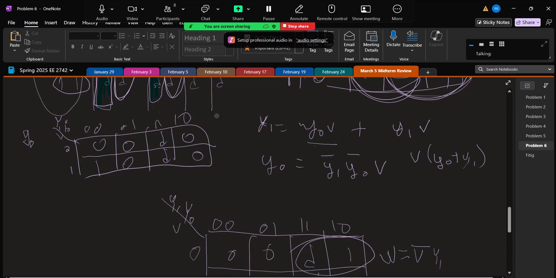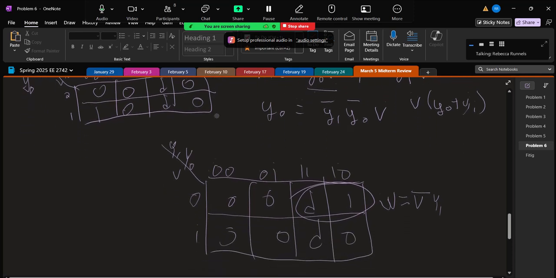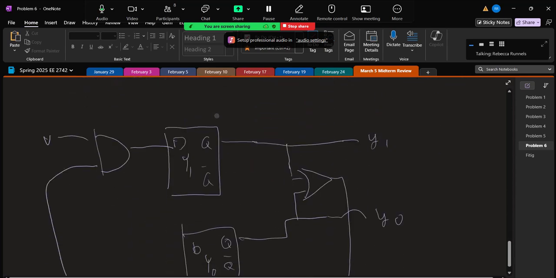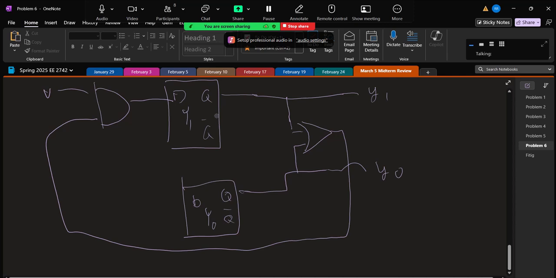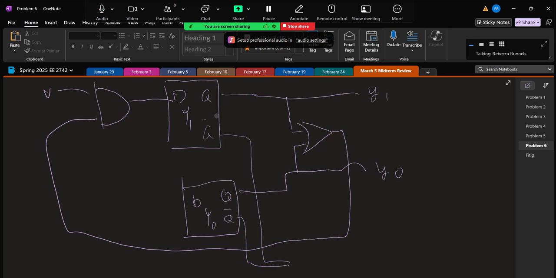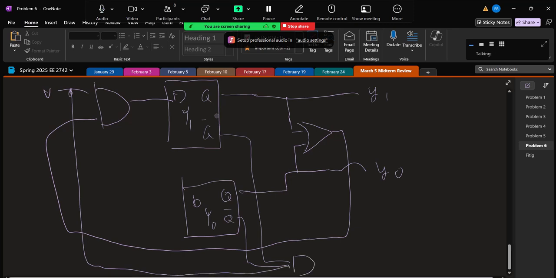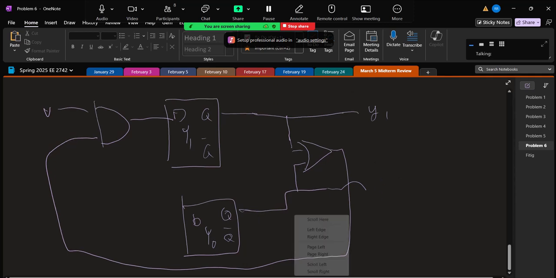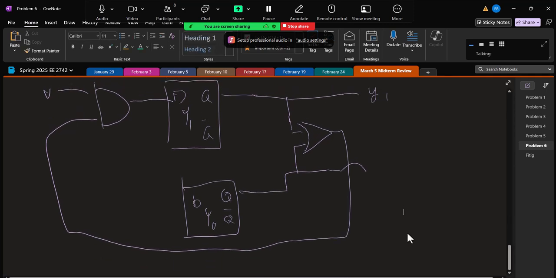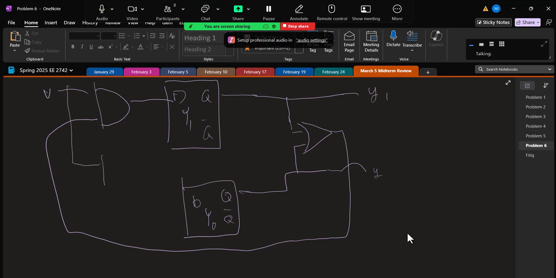And Y0 was the and of V and the nots of both of Y1 and Y0.